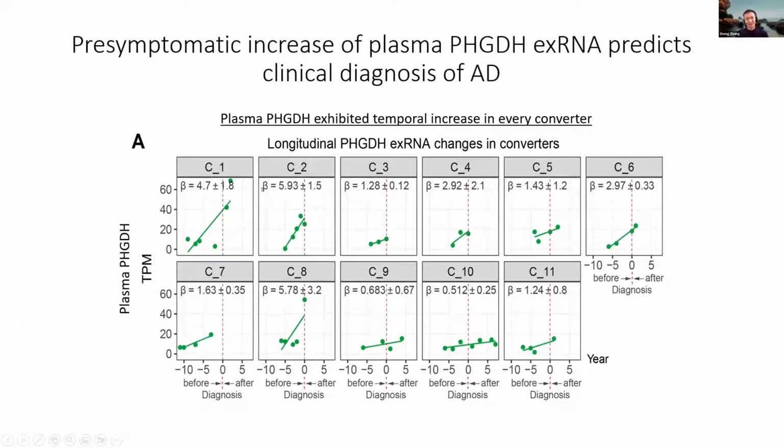So if I were to plot their PHGDH extracellular RNA level one by one, in every panel is a person. It's converter 1, converter 2, and so on. If I were to plot their plasma PHGDH extracellular RNA level on the y-axis and their follow-up year on the x-axis, then we have everyone's data in one panel. We recentered time zero, year zero, as the year their earliest clinical diagnosis of the disease was found.